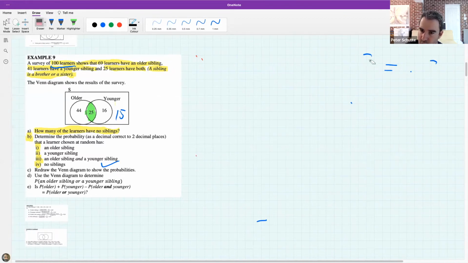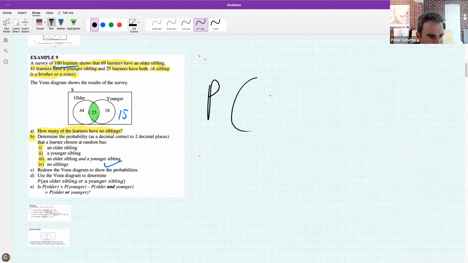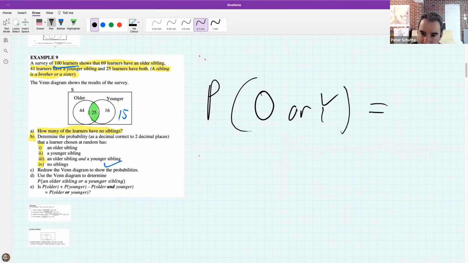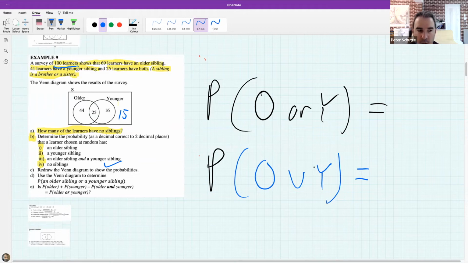They haven't asked this question, but if I said to you, I'm going to make up on the spot, what is the probability of having an older or younger sibling? I could write that as O or Y. It basically means it could be either. It's what we call the union.